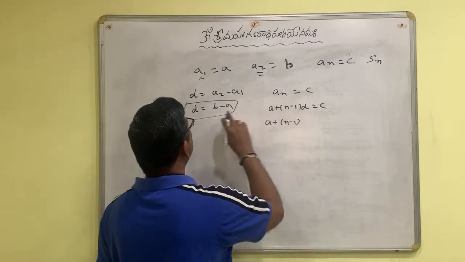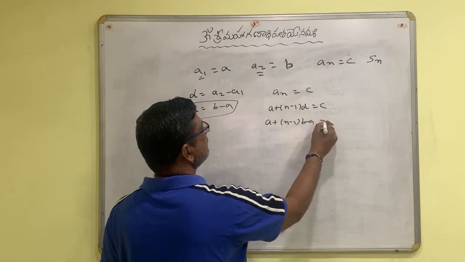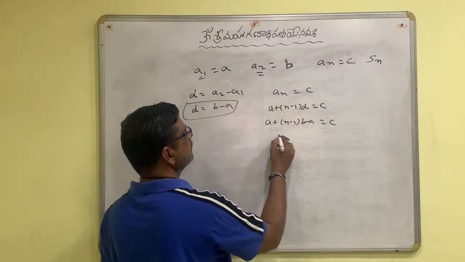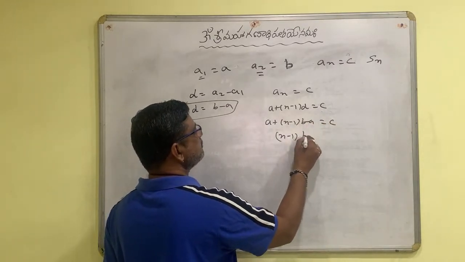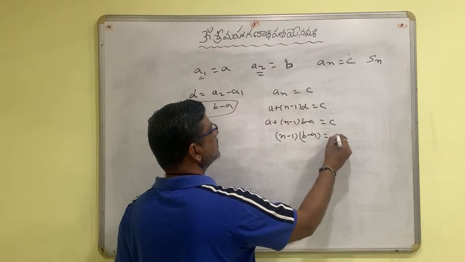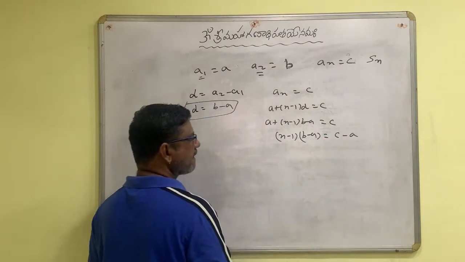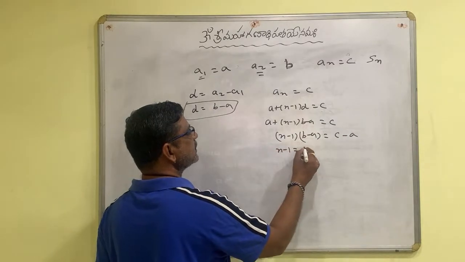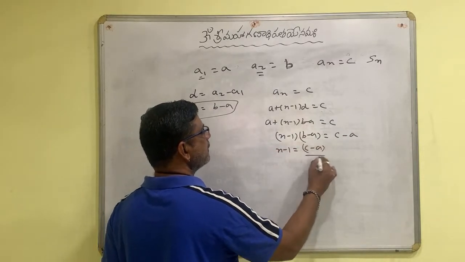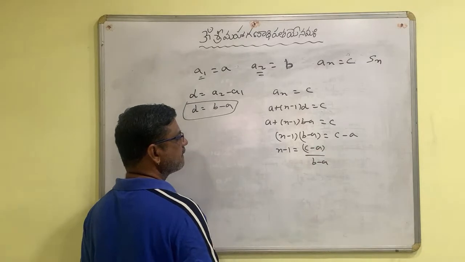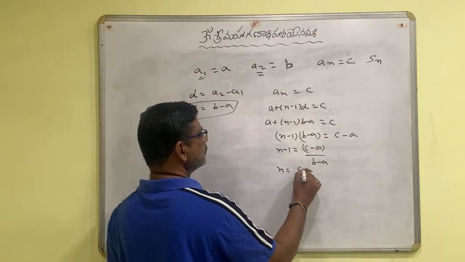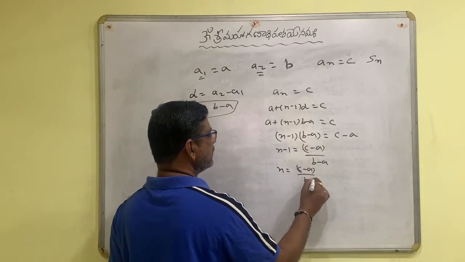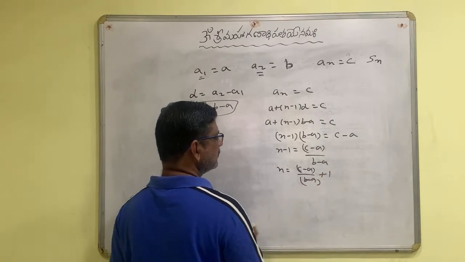N minus 1 into B minus A is equal to C minus A. Then N minus 1 is equal to C minus A by B minus A. Then N is equal to C minus A by B minus A plus 1.